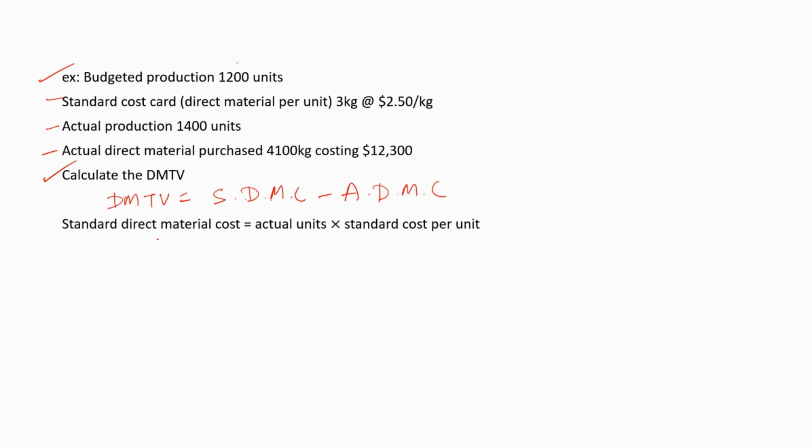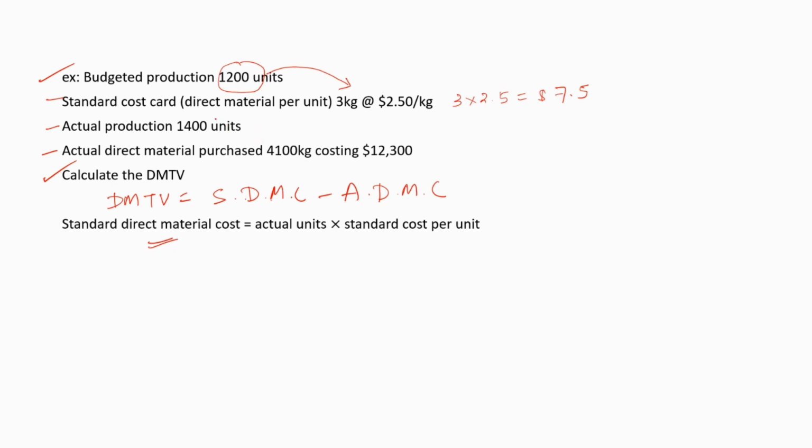There is a very important point you have to learn here, which is that most of the students will calculate the standard direct material cost by multiplying the budgeted production by the standard cost per unit value, which is 3 multiplied by 2.5, $7.5 per unit. This is incorrect.